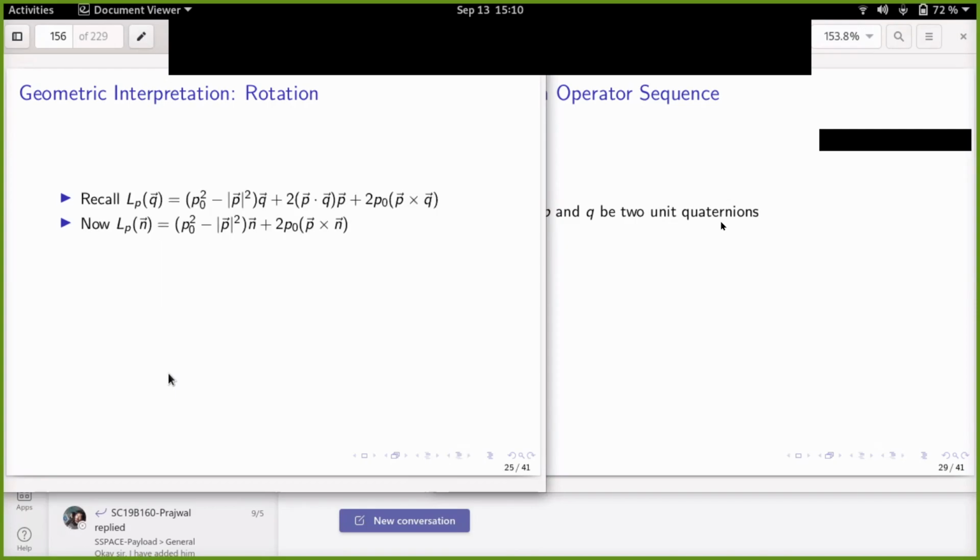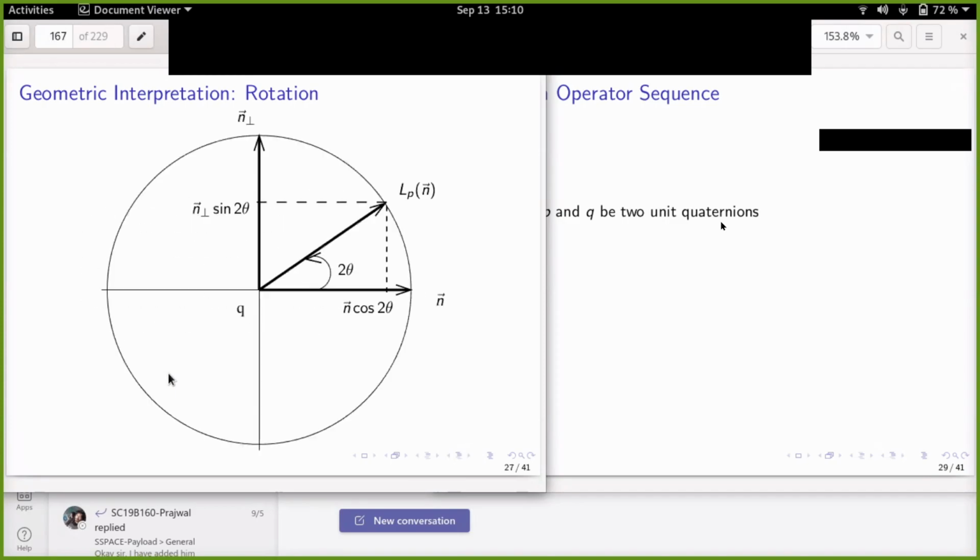And then if you consider a vector which is orthogonal to the axis of rotation, which is N, we noticed that this vector N did not come out of the plane orthogonal to the axis P. So the interpretation we gave after multiplication was this one.